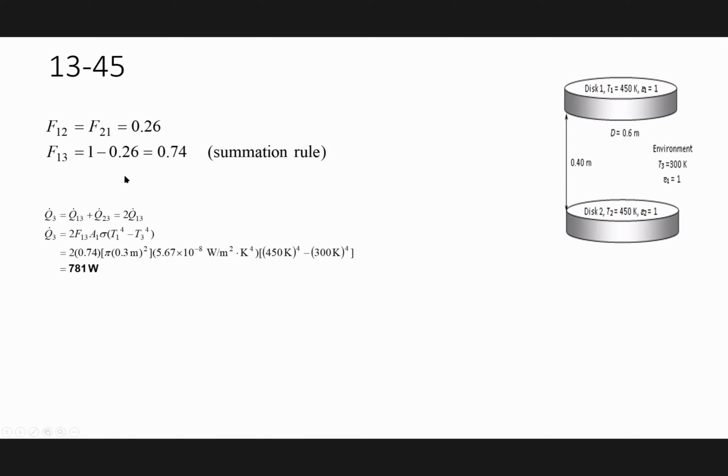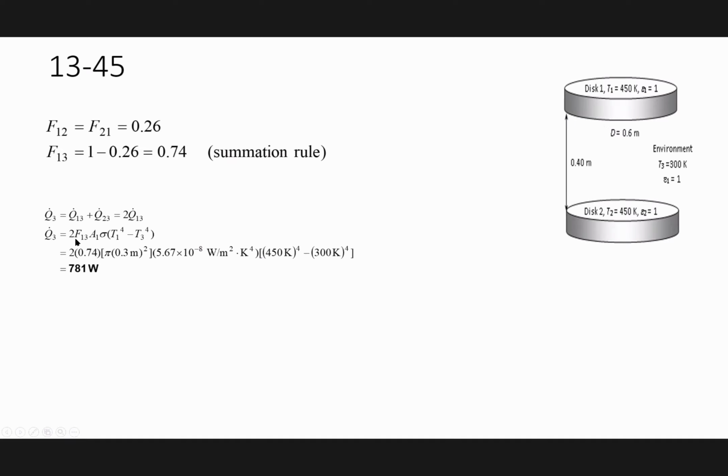Therefore, you can say Q3 is equal to Q13 plus Q23. Since they are symmetric and at the same temperature, 450 and 450, you can calculate one of them and multiply by 2. These two represent one from this surface and one from this surface, okay?